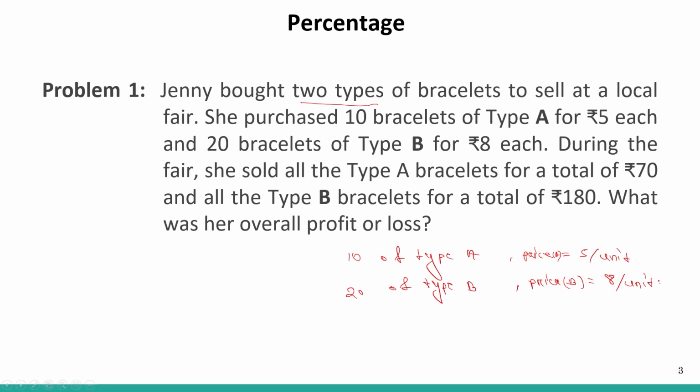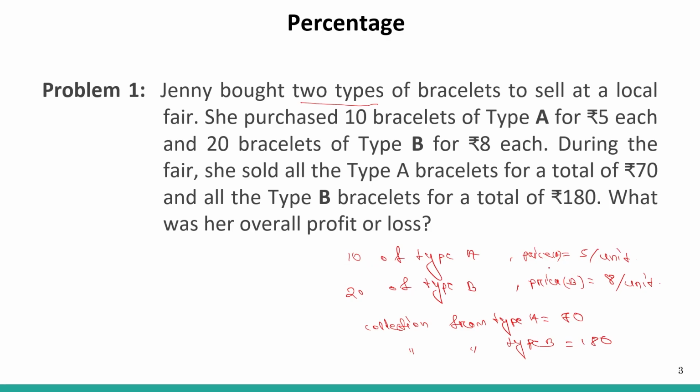During the fair she sold all the type A bracelets for a total of 70 rupees. So collection from type A is equal to 70 rupees, and collection from type B is 180 rupees.